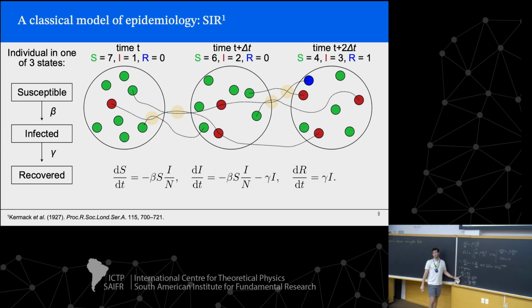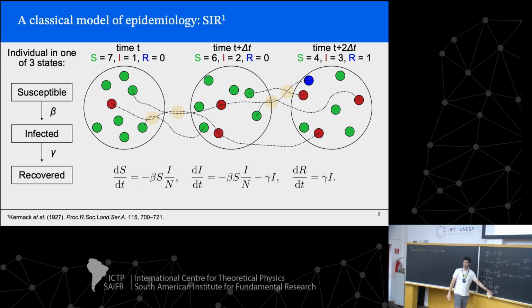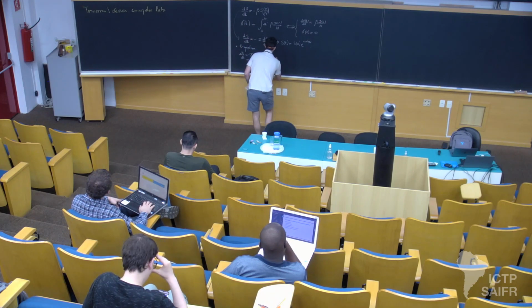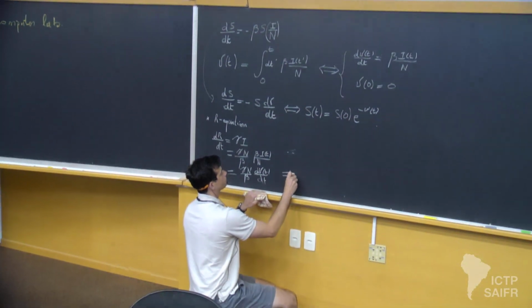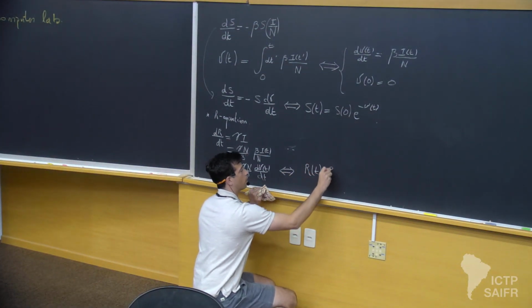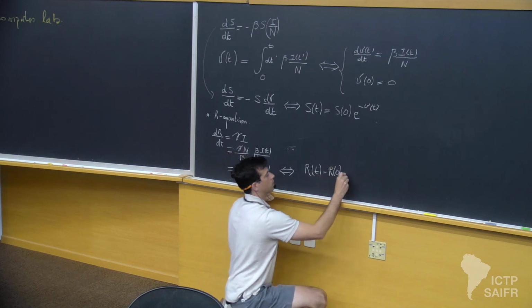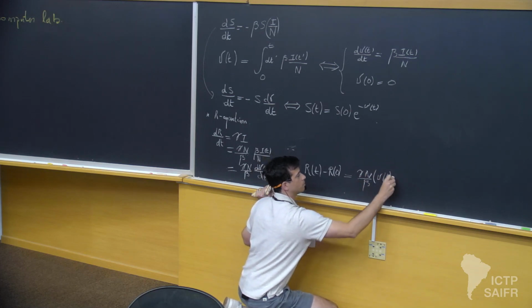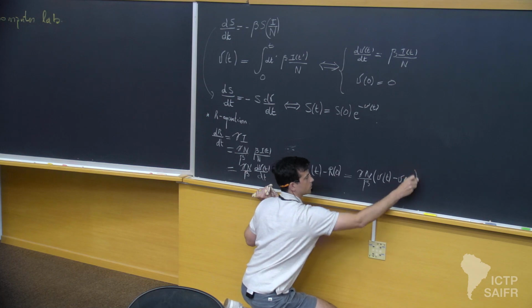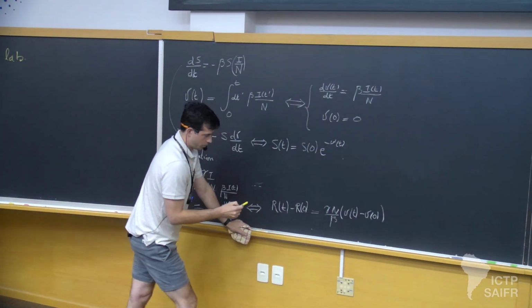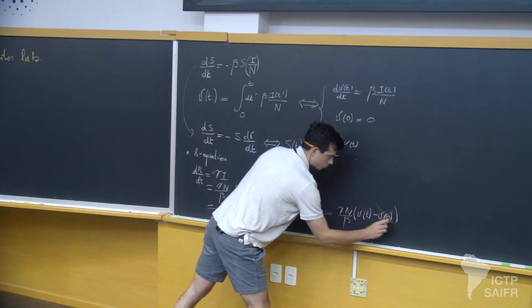So we have the derivative of R of t proportional to the derivative of nu of t. So if I integrate that, what I obtain is that R of t minus R of 0 is equal to gamma N over beta times nu of t minus nu of 0, right? This is just the integration. And I've told you this is 0.